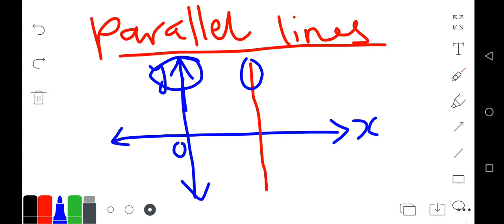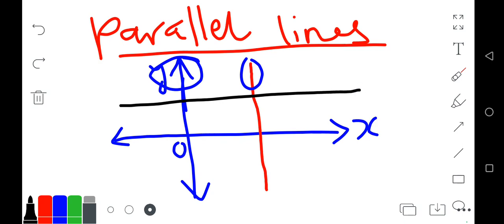Another point is that if you want to draw a line that is parallel to the x-axis, then this line is going to be something like this, so this line in black is parallel to the x-axis. What does this mean?